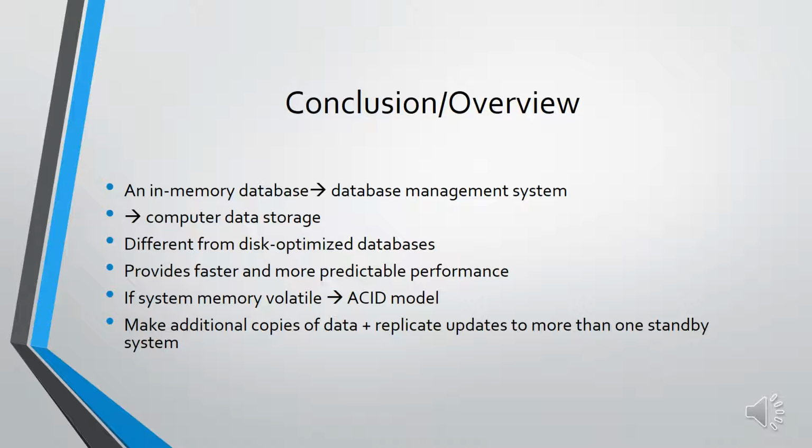Of these, durability cannot directly be served by in-memory database solutions because data is lost when power is removed from the server. These include keeping additional copies of data in clustered and scale-out databases that allow systems to keep running by replicating updates to one or more standby systems.